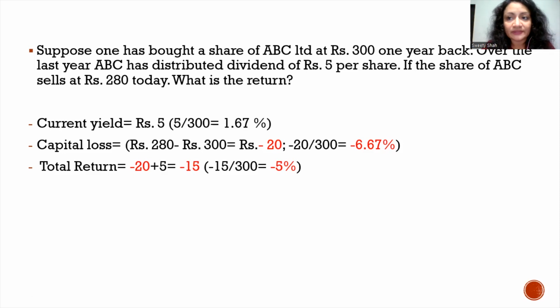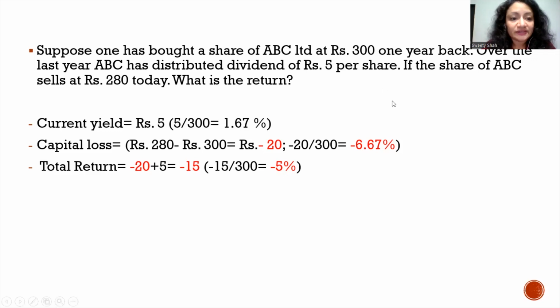The example is this: suppose one has bought a share of ABC Limited at 300 one year back. Over the last year, ABC has distributed a dividend of 5 rupees per share. And if the share of ABC sells at 280 today, what is the return?